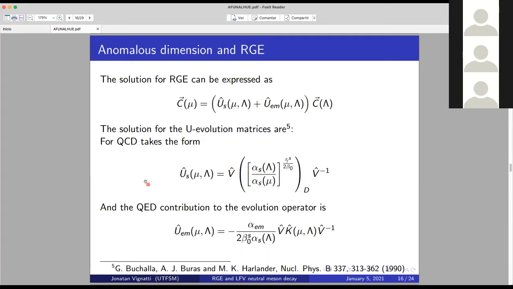The evolution matrices take a form from QCD. These results are pretty much known, and for QED they have this form. The solutions are all taken from this paper, and we now need to put in some numbers to actually see how the limits on the Wilson coefficient are improved.